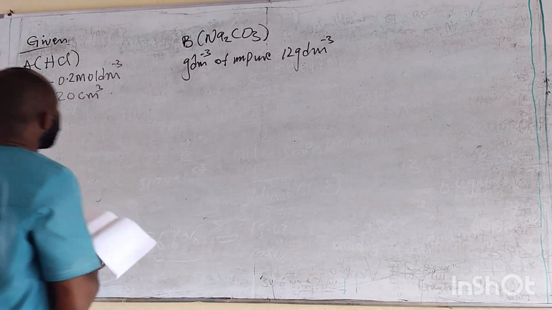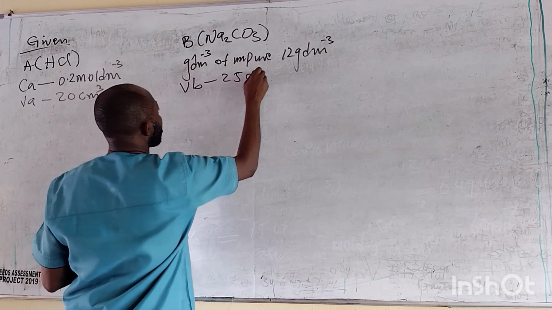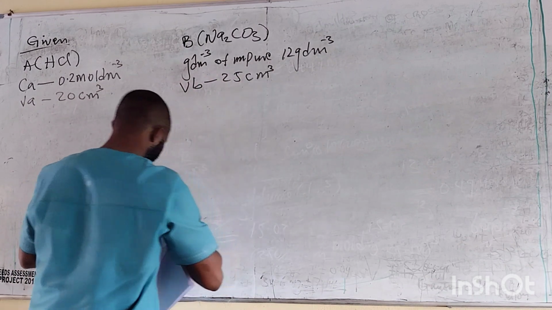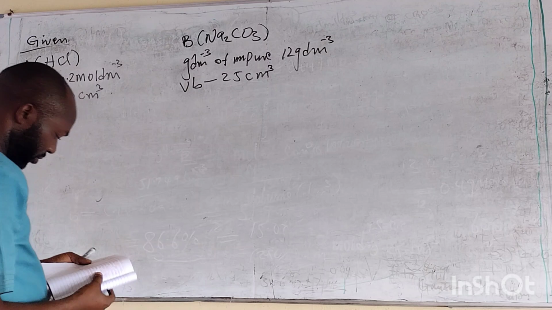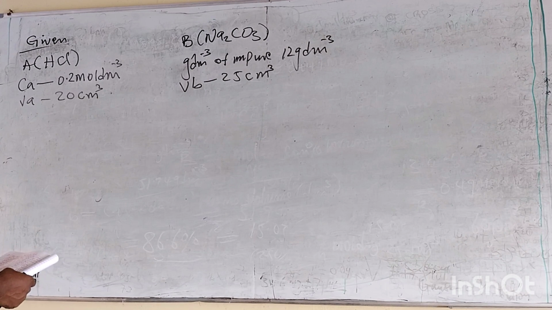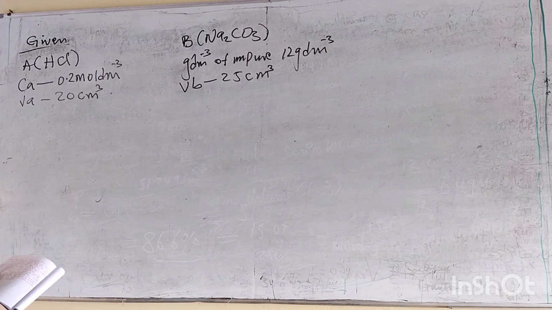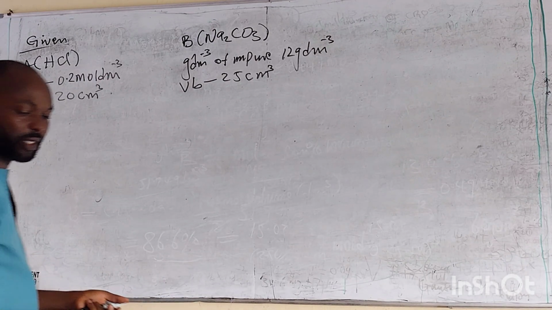The volume of the base, VB, is 25 cm cube. We should calculate the mass of sodium chloride impurity, that's the percentage impurity. Find also the percentage purity of the trioxocarbonate 4. So we're going to get the percentage purity and impurity.